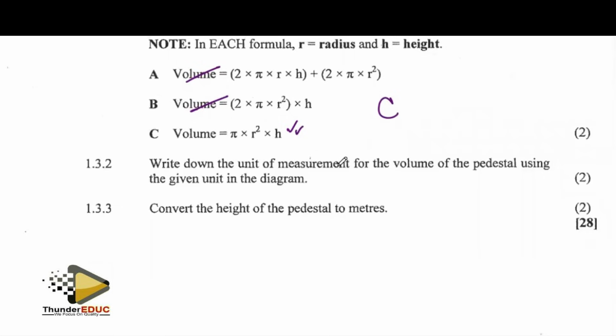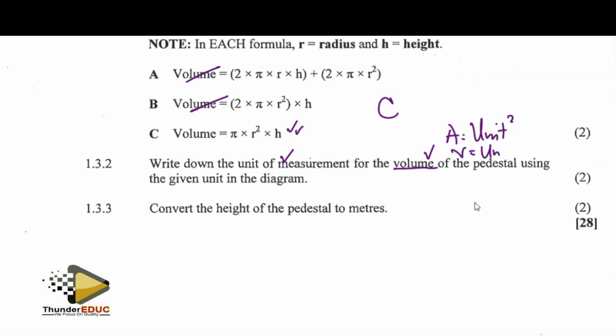We have 1.3, write down the unit of measurement for the volume of the pedestal using the given units in the diagram. Remember, they said write down the units of measurements of volume. For area, the units have to be squared.